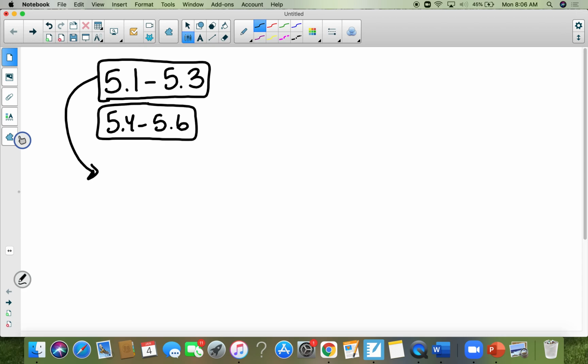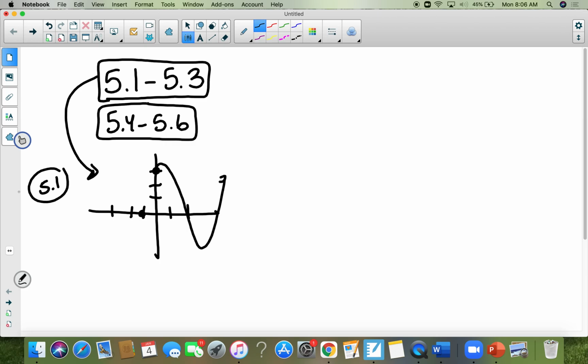So in 5.1, the only thing that we learned is this. This is f of x.